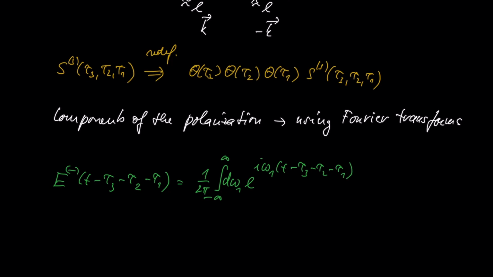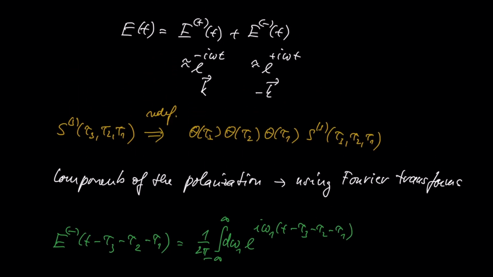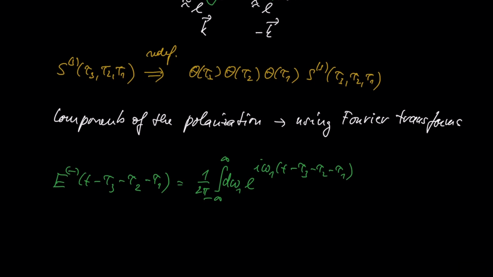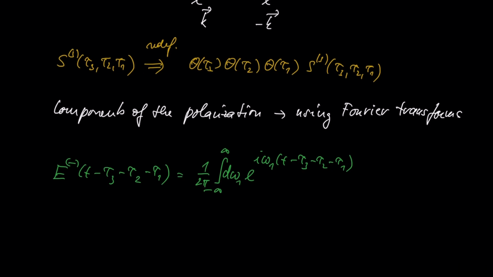Why is this here? This is because if you notice, the E minus is the case where we have e to the plus I omega t. That's a negative frequency, because the frequency is supposed to be positive in this standard expression. In optics, we always write with the positive k, e to the power of minus I omega t. So that's considered the positive frequency.